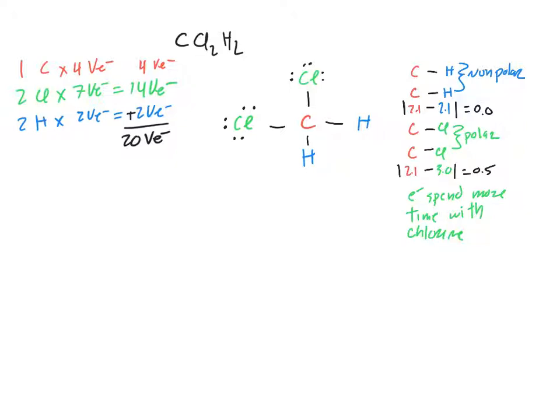So in this case here, I'm going to have a delta negative and a delta positive, and a delta negative and a delta positive, and so the electrons are going to spend more time going towards the chlorine than they are going to spend towards the carbon. And so as a result of that, this entire molecule has a dipole moment shifting this way. So this becomes a very lopsided molecule.